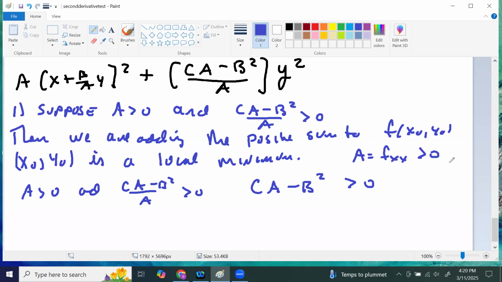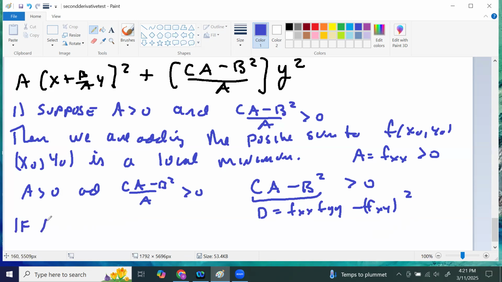So that is your classic local minimum. And remember, this part right here is what we defined in class to be D. So that gives us a first thing right there.